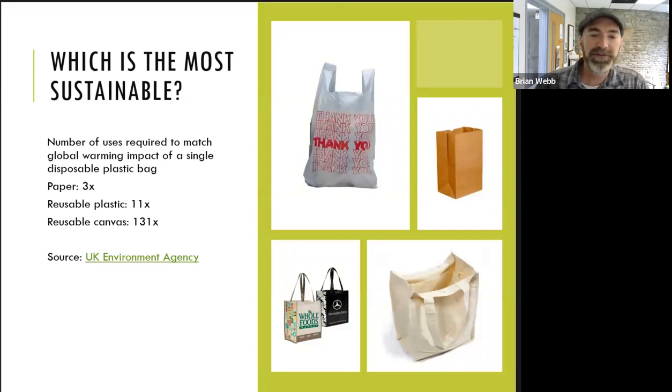Well, to produce a paper bag requires 3 times the carbon emissions of producing a disposable plastic bag. Reusable plastic bag 11 times, and a reusable canvas bag 131 times. In other words, if you have this cloth grocery bag, you have to use that 131 times before you equal the carbon output of producing 1 plastic bag.